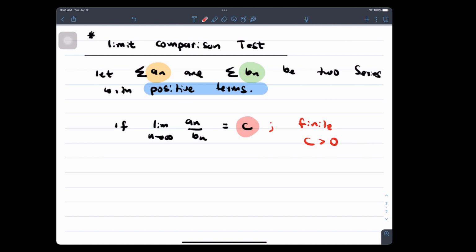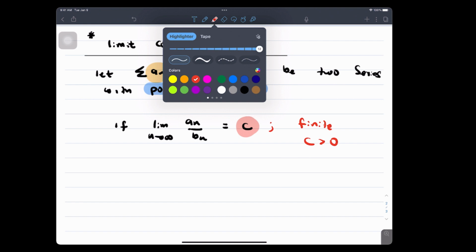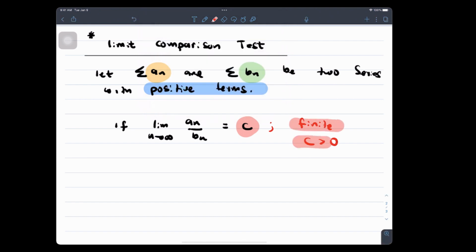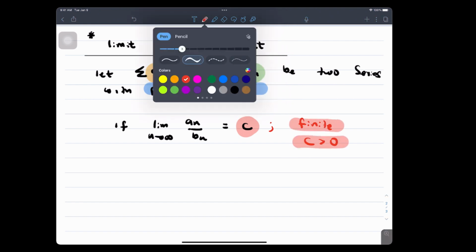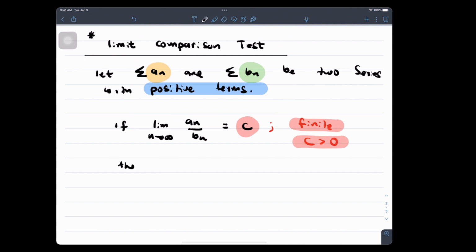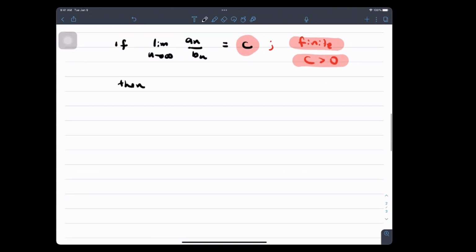So that's all we're looking for, a finite positive number. If you have that, then this is what we can say. Okay, we can say either both series converge or both diverge.